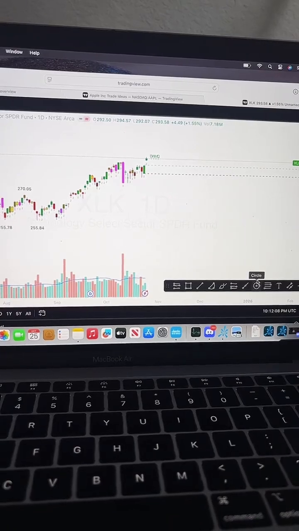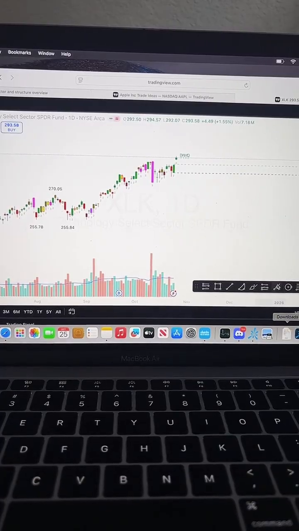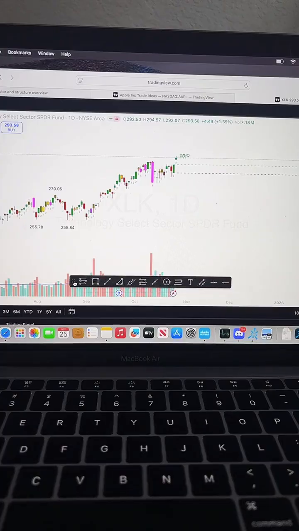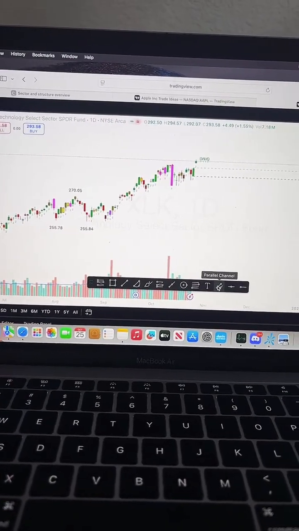So I like to use this parallel channel tool.